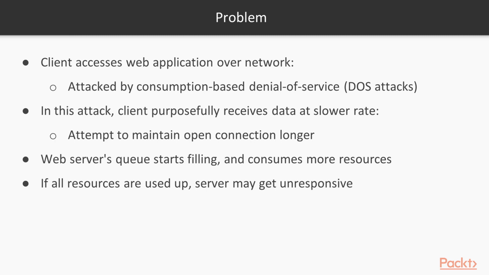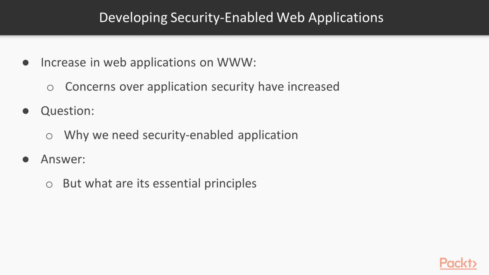In this attack, the client purposefully receives the data at a slower rate than the normal rate which they are capable of, in an attempt to maintain an open connection longer. Due to this, the web server's queue starts filling and consumes more resources. If all the resources are used up with sufficient open connections, it is highly possible that the server may get unresponsive.